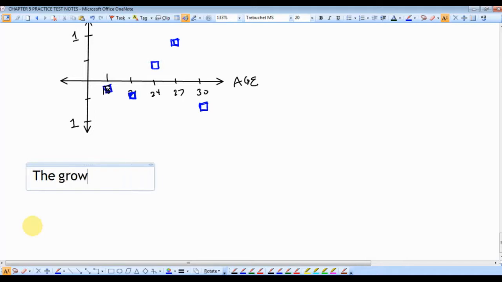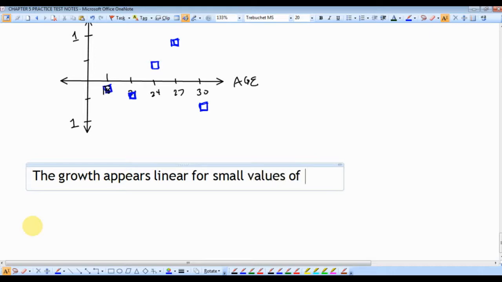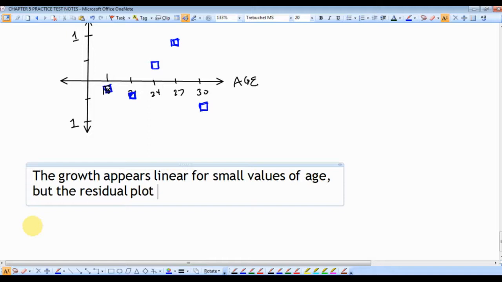Okay, so the growth appears linear for small values of age. But it shows a fan shape.